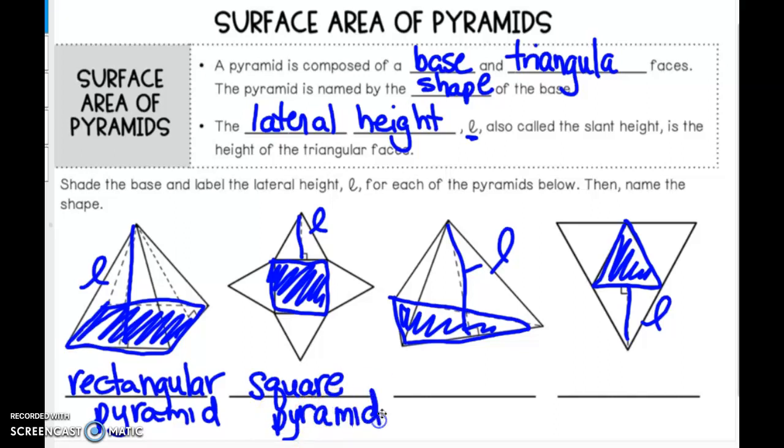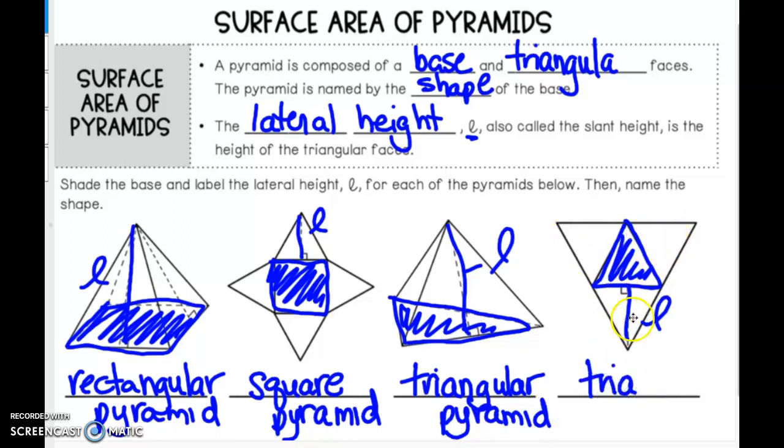This one is a triangular pyramid. And this one is also a triangular pyramid. The only difference is these are all the same size triangles. This side and the back side are most likely different size. Can't talk and write at the same time, I guess.